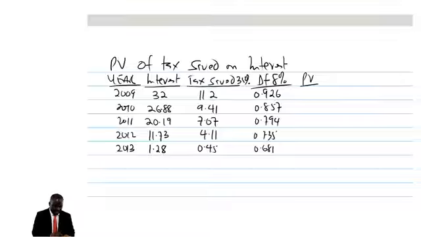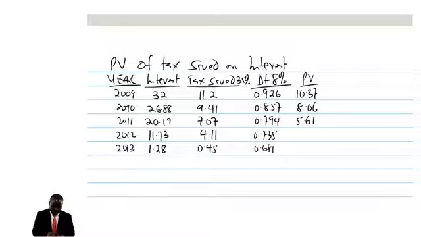And what will be the PVs? You multiply 11.2 times 0.926, and that is 10.37. 0.857 times 9.41 is 8.06. 0.794 times 7.07 is 5.61.